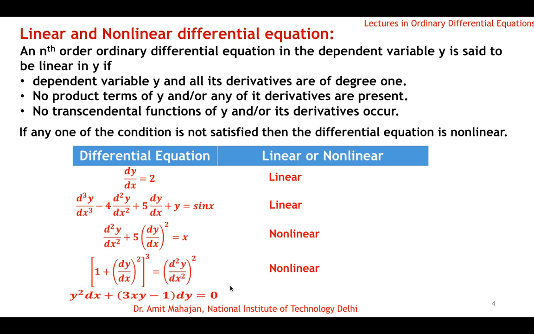So it will be a linear differential equation in x. So this is a differential equation which is non-linear in y and linear in x. Depending upon whether you make the dependent variable y or x, the equation can be linear or non-linear. But in either case it is an ordinary differential equation.